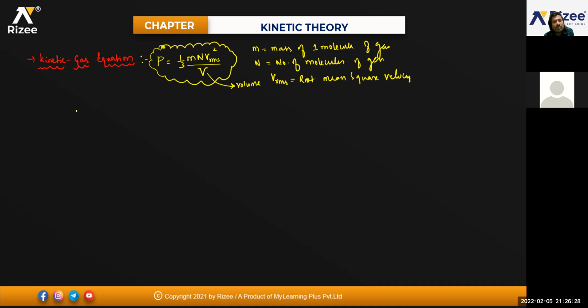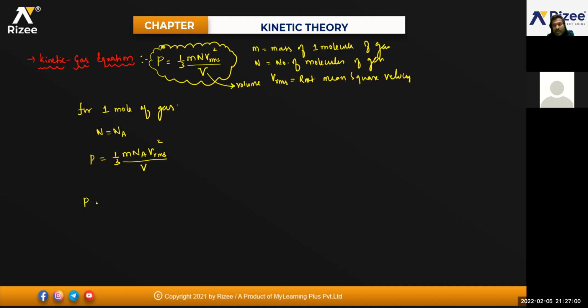Now see, for 1 mole of gas, N will be equal to the Avogadro number. So P will be equal to 1 by 3 into m into Avogadro number into Vrms square divided by V. Here mass into Avogadro number represents the molecular mass.